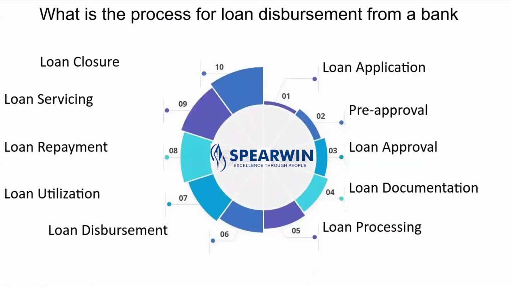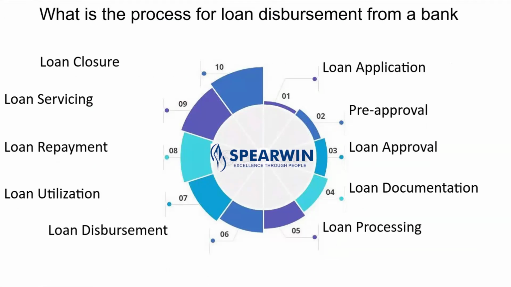Now we'll see what the various stages in loan processing are. Here I have given it step-wise. The first step is the loan application, where the customer applies for a loan. He gives his particulars, proof of income and everything. Based on that, by seeing the customer documents, the pre-approval is taken.